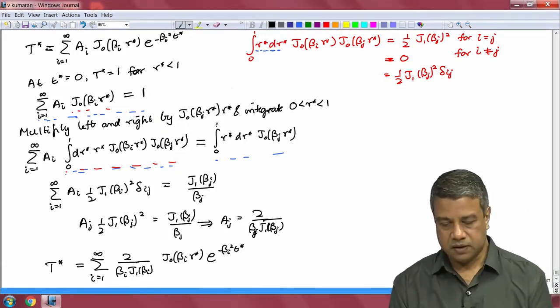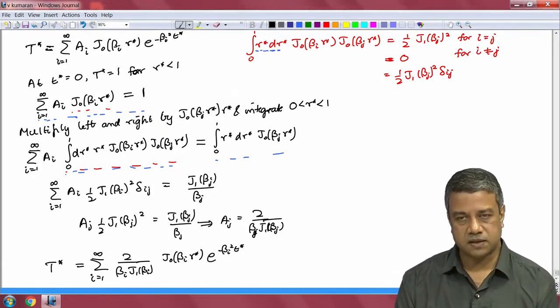On the left side, it will be non-zero only when I is equal to j, and I can get an analytical result.